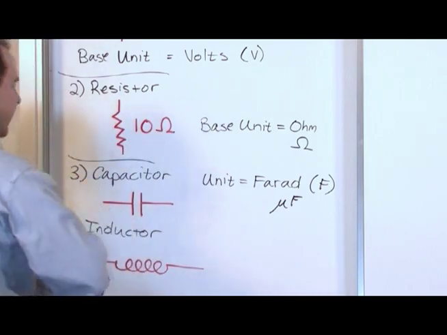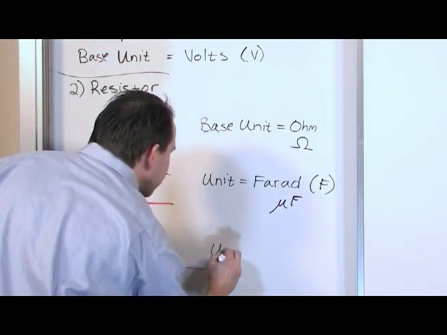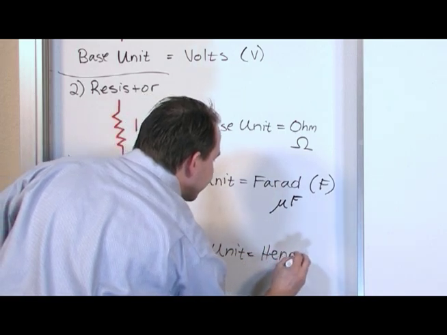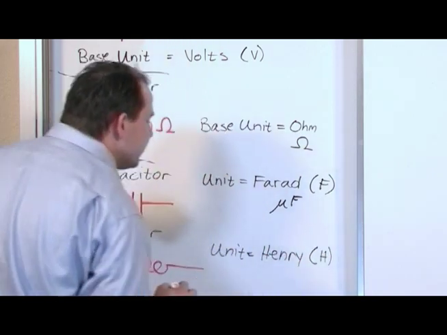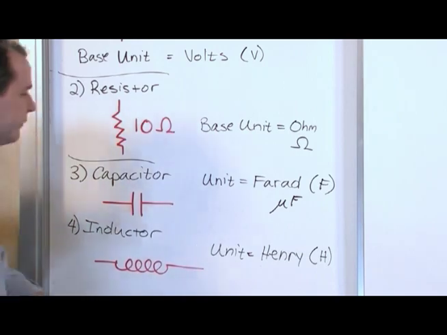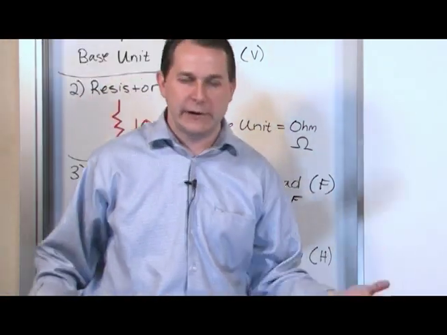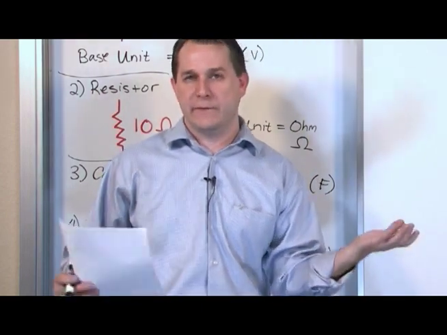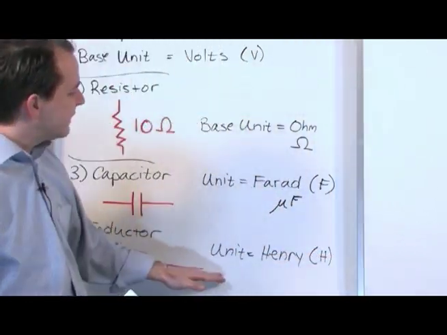And the unit of an inductor is the Henry, and you'll see that as H. Of course, you might have microhenries, millihenries, nanohenries, kilohenries, different modifications to the base unit for the metric system, but the base unit is a Henry.